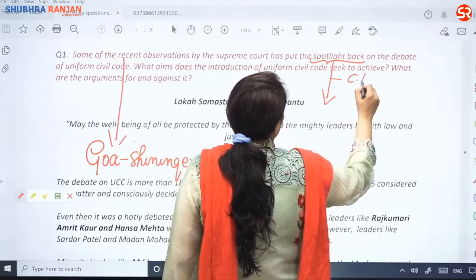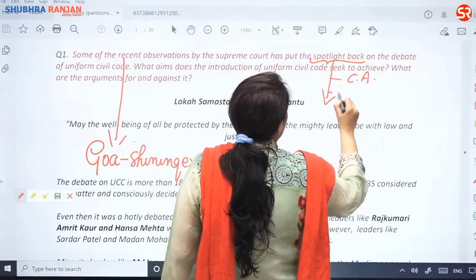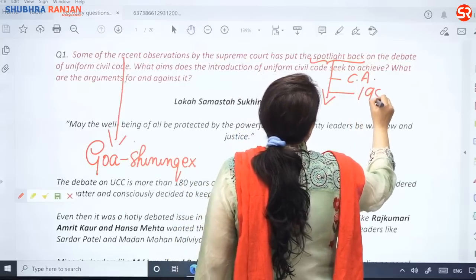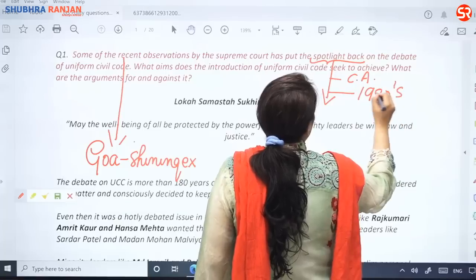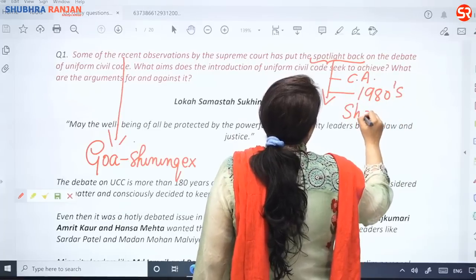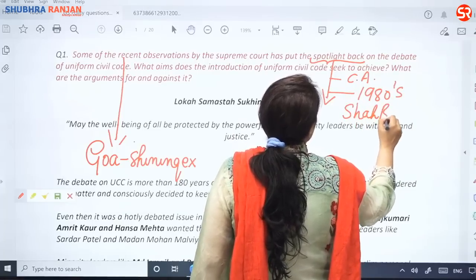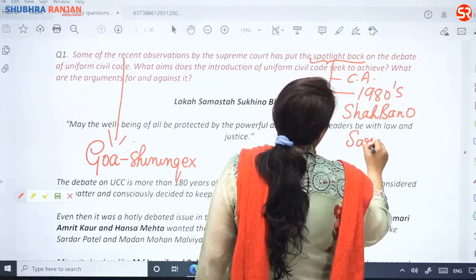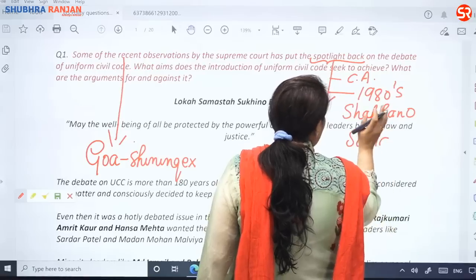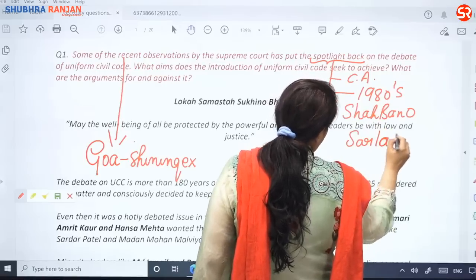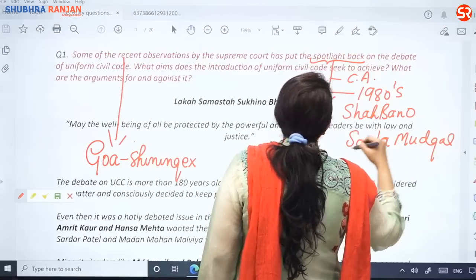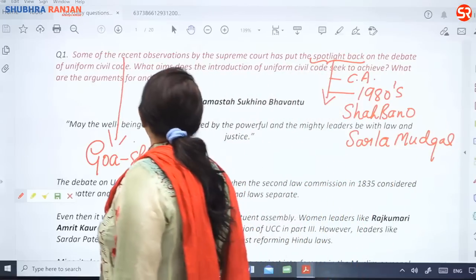Then the Supreme Court has put the spotlight back, which means we must ask where the spotlight was earlier. First in the Constituent Assembly and then from the 1980s onwards, the important cases, for example, at least the Shah Bano case, you can remember Ismail Faruqui, the Sarla Mudgal case, and any relevant cases.